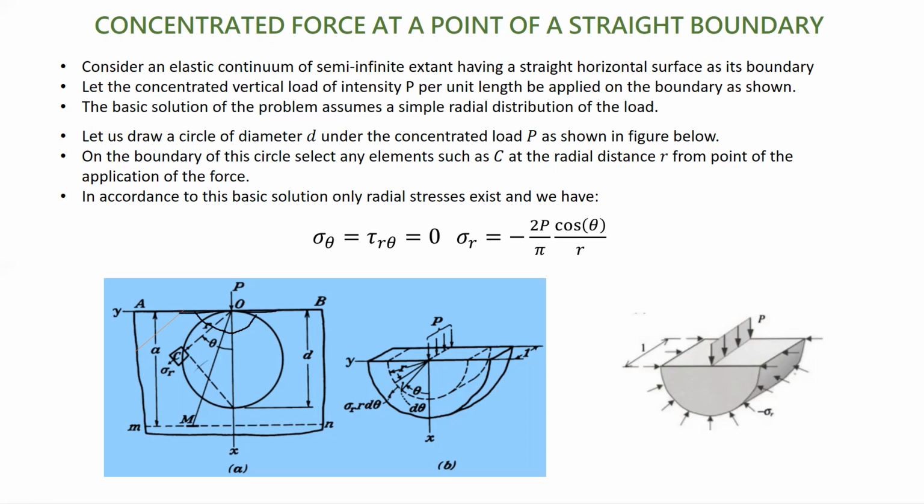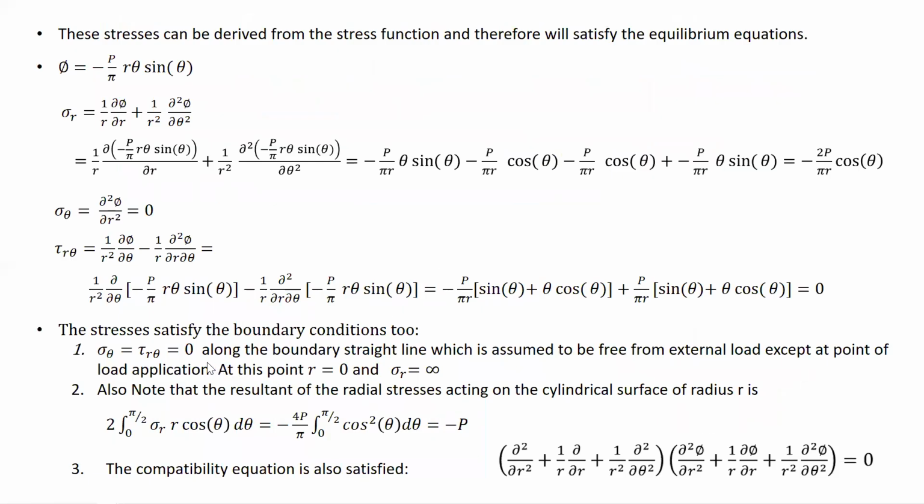Either case, plus minus 90 degrees, plus minus pi over 2, sigma r, cosine of plus minus pi over 2, 90 degrees is 0. Therefore, sigma r is 0. And therefore, this says the stress function that we define would satisfy my boundary condition. I'm sorry, I was talking of sigma theta, not sigma r.